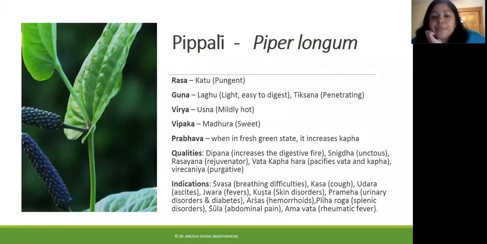All of the references that we're talking about today are from the text Bhava Prakasha, the Laghutrayi text that is responsible for describing pharmacology, which is all of the properties and the Ayurvedic description of single herbs.